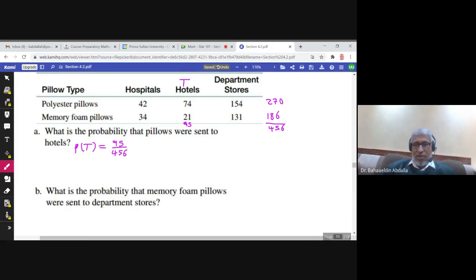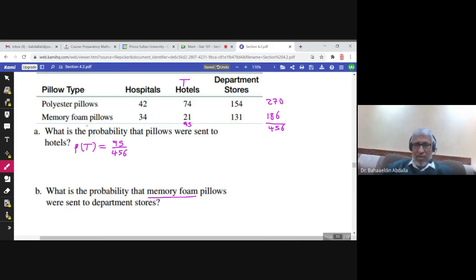What is the probability that memory foam pillows were sent to department stores? Not any pillow here. He is asking about memory foam pillows, this one, and he is asking about department stores.